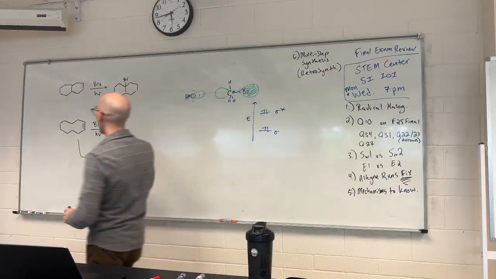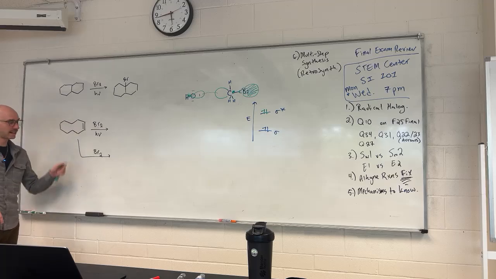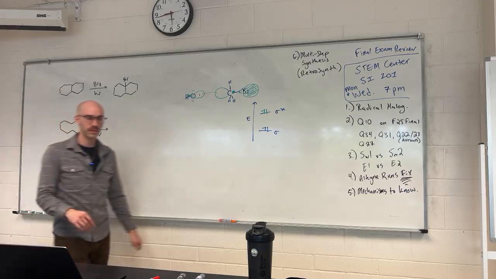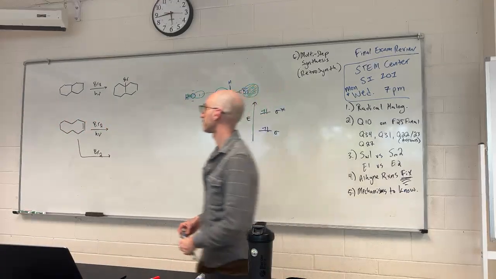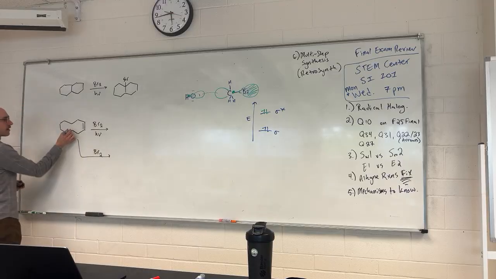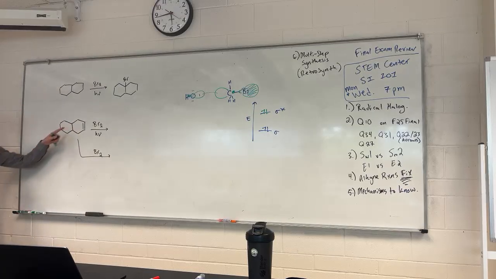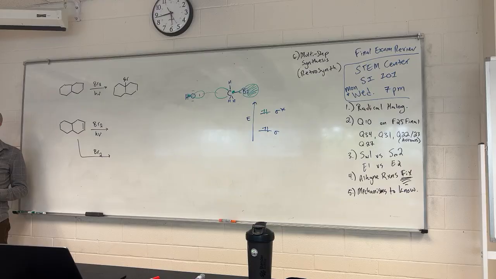So in this top reaction, I did mean to have a double bond there, but it looks kind of cute without it. In this top reaction, where is the radical most likely to form? Layla?